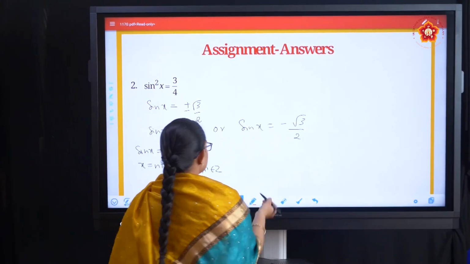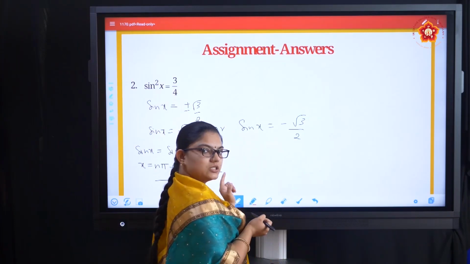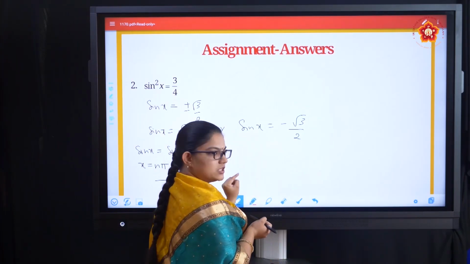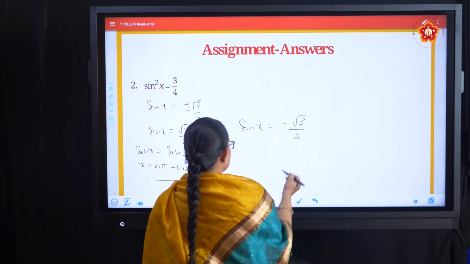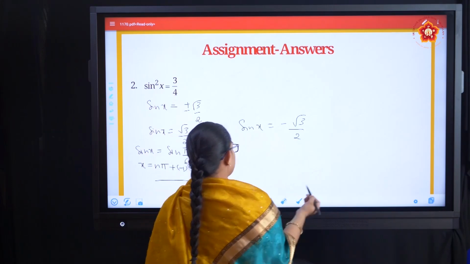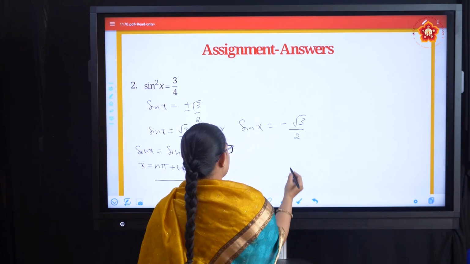In the other case we have minus root 3 by 2, and sin is negative in the third and the fourth quadrant. So we need a third or fourth quadrant angle. Root 3 by 2 is for pi by 6. So pi by 6 in third quadrant is pi plus pi by 6, that is 7 pi by 6.